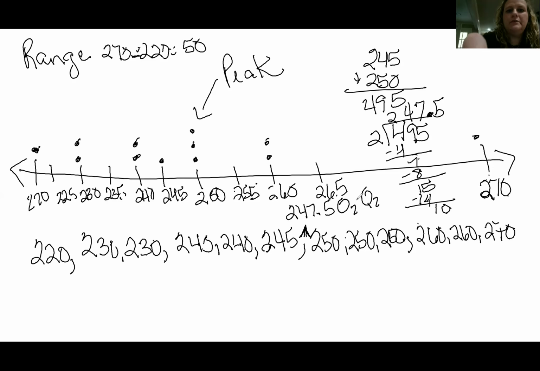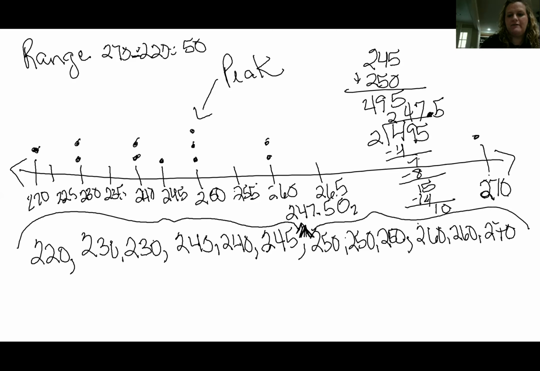So our quartile 2 is right there. Now, our lower half is everything from that little caret there. This is called a caret or an insert. Everything from the caret to the beginning is the lower half. Everything from the caret to the end is the upper half.